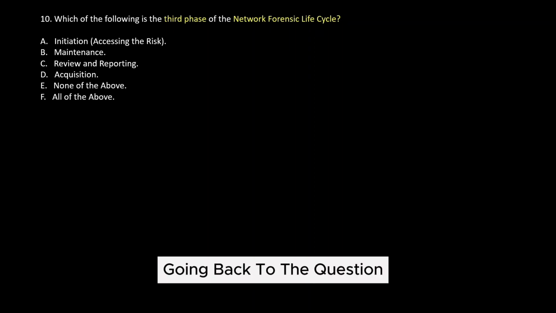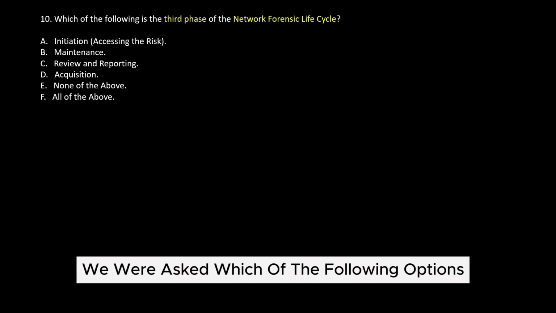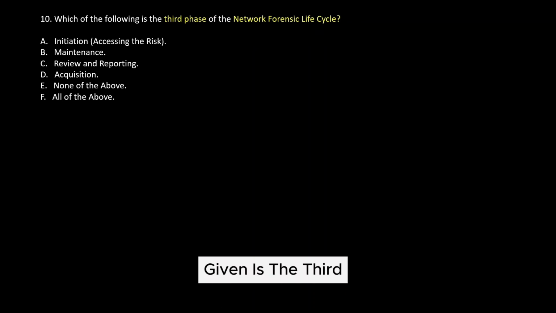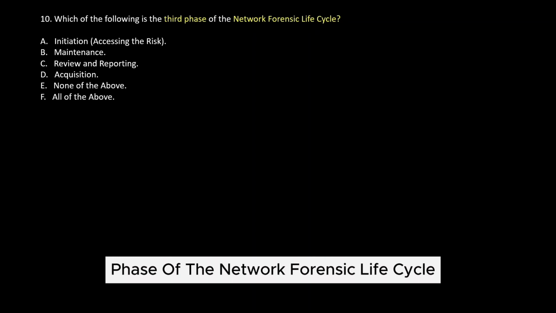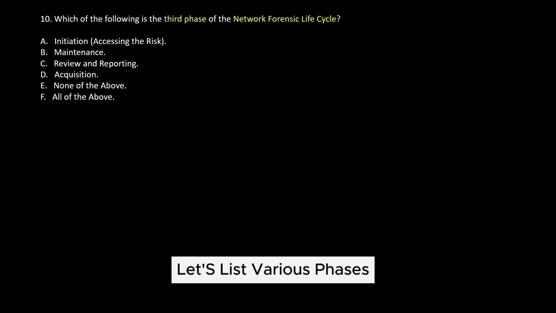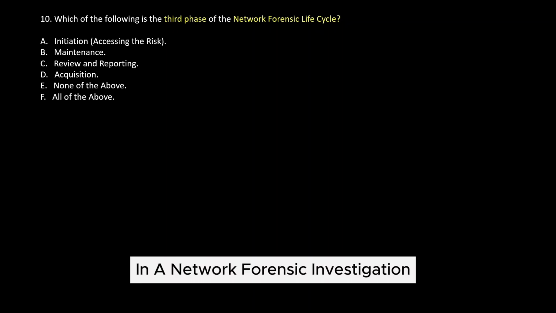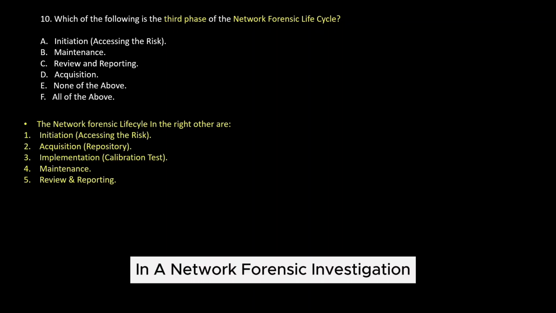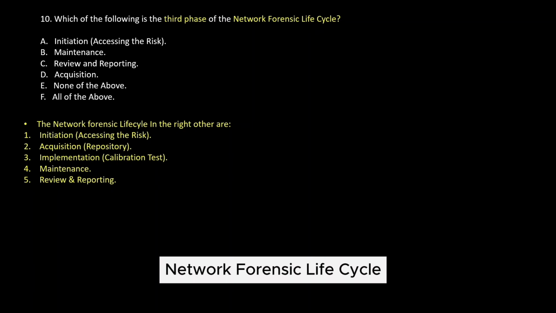Going back to the question, we were asked which of the following options given is the third phase of the network forensic life cycle. So to be able to get the right answer to this question, let's list the various phases in a network forensic investigation. The network forensic life cycle in the right order are: 1. Initiation, assessing the risk. 2.